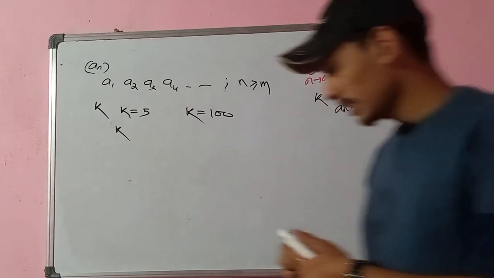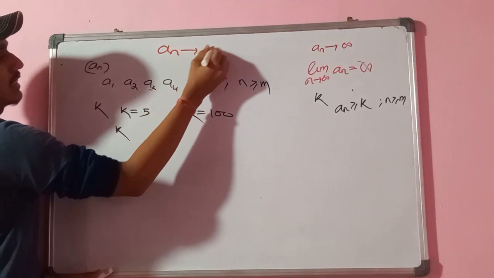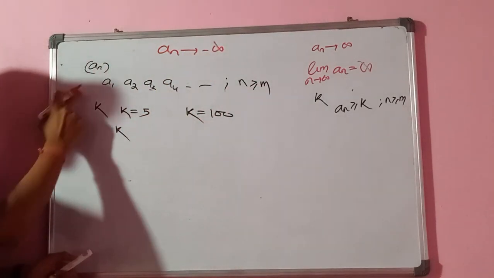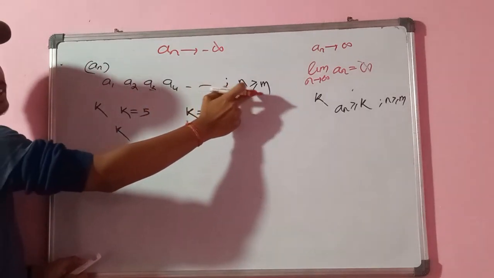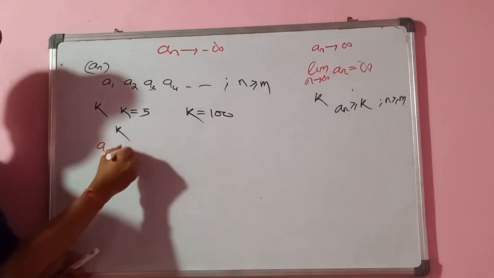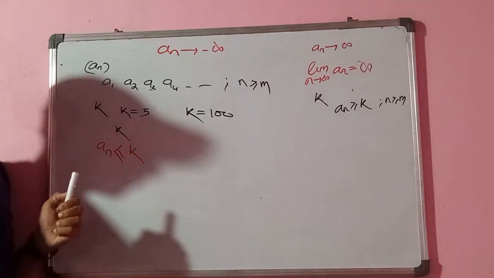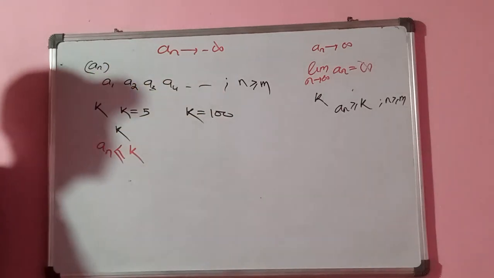And also the same thing, the opposite case. When will you say my a_n is converging to minus infinity? If you take any number k, if all the terms of the sequence for all n greater than equal to m are less than k, if my a_n is less than equal to k, then you will say my limit of sequence is equal to minus infinity.